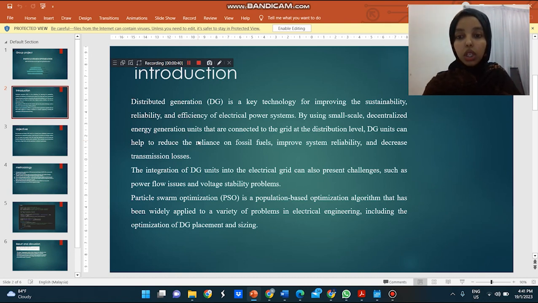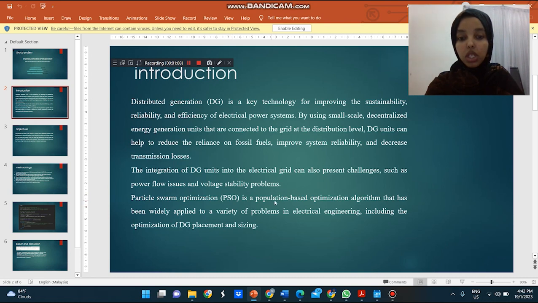Also, distributed generation units can help to reduce the reliance on fossil fuels, improve system reliability, and decrease transmission loss. The integration of distributed generation units into the electrical grid can also present challenges such as power flow issues and voltage stability problems.